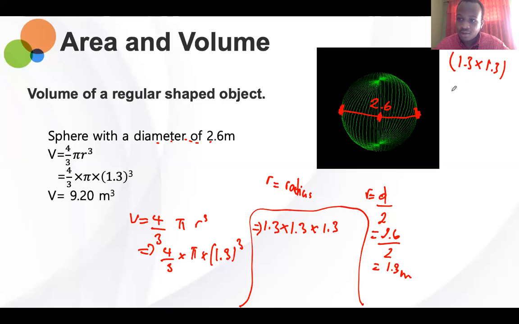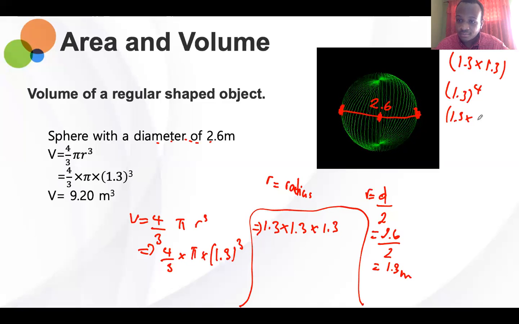And if we had 1.3 to the fourth power, we'd have 1.3 times 1.3 times 1.3 times 1.3. So it depends on the value of the exponent, right? The exponent being a 4 right here.